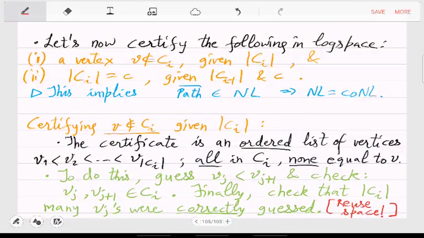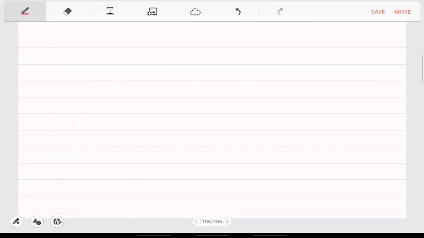See, the trick is that this NDTM will just guess V1, then V1 and V2, and then V2 and V3, V4, V5 and V6 and so on, and keep checking each time whether that particular vertex is in Ci, and you have done this Ci many times. So keep a counter for that. So this is then doable in NL. That's what you learn.